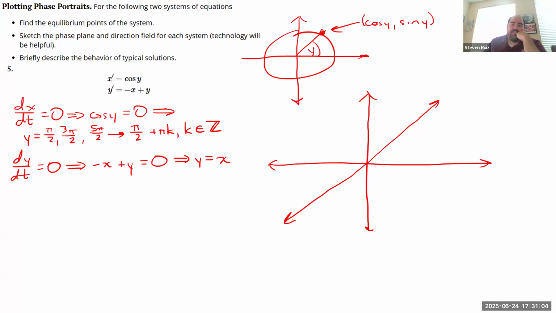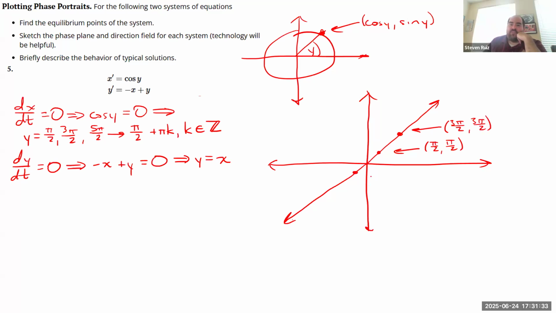So let's say this right here is the point pi over 2, pi over 2. I'll have equilibrium because the cosine of that y value is 0. But also negative pi over 2 plus pi over 2 is 0. I'll have, again, equilibrium at 3 pi over 2, 3 pi over 2.